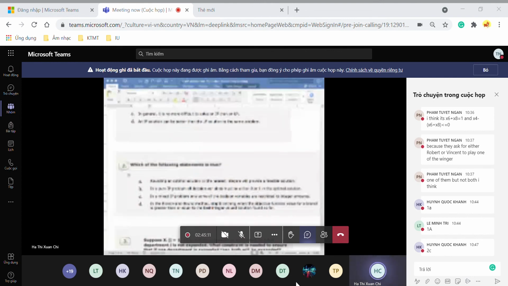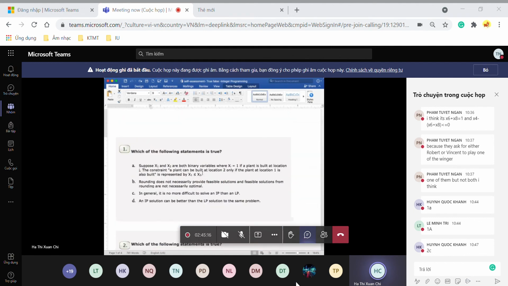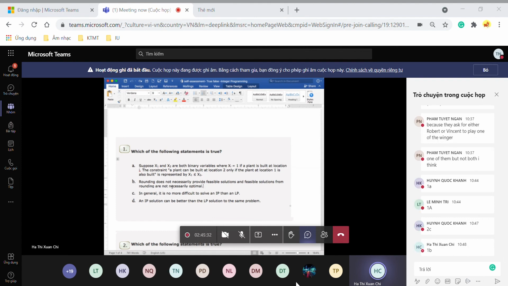Hello everyone. Is the answer to question 1 A? Question 1A is not correct. The solution is number B, 1B. So why? Because if you write it like this, they said that only if this one equals 1, so x2 equals 1.